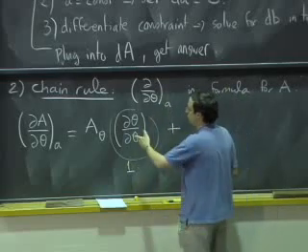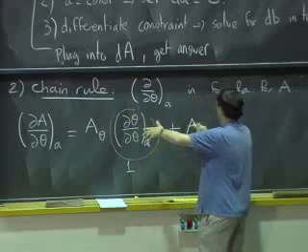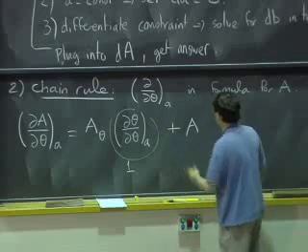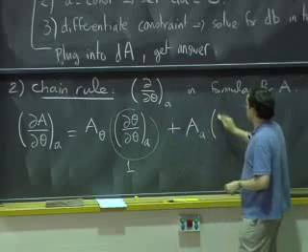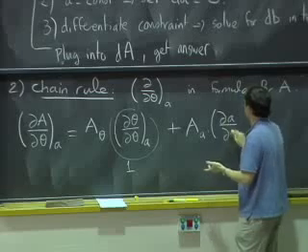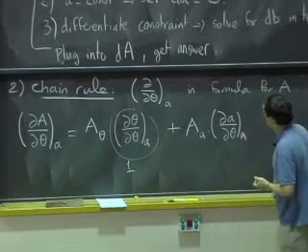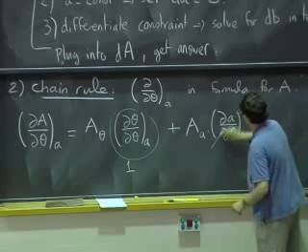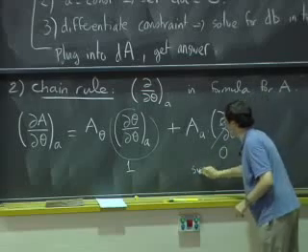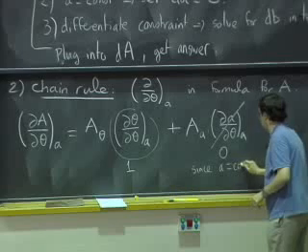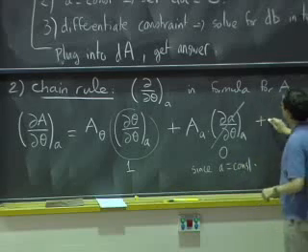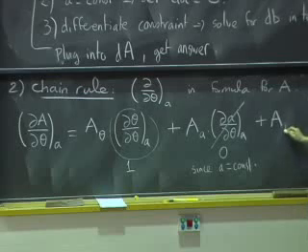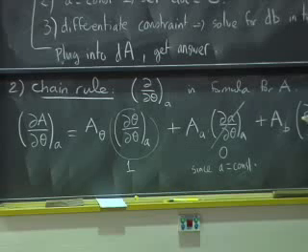Plus, then we have the formal partial derivative of A with respect to little a times the rate of change of a in our situation. Well, how does little a change if a is constant? Well, it doesn't change.